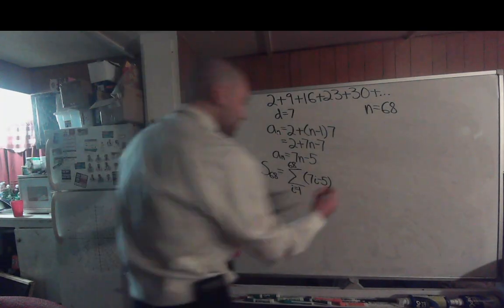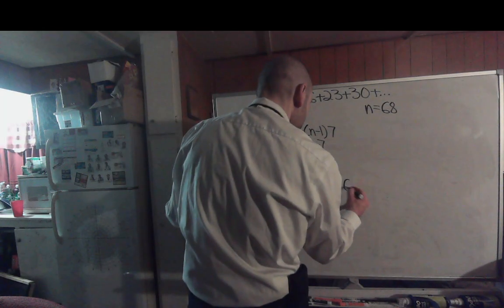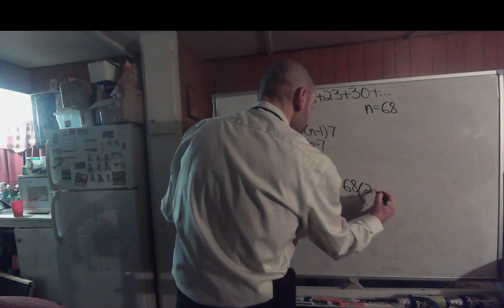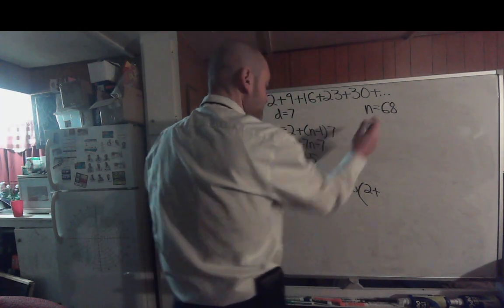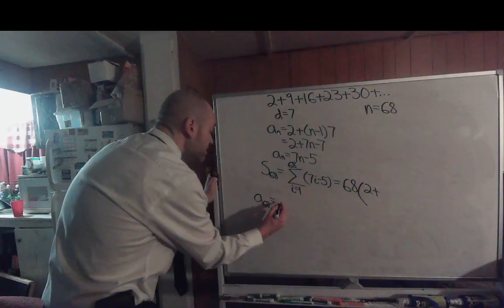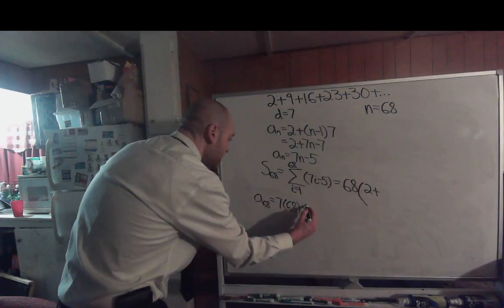So what does that look like? That's going to be n, which is 68, times the quantity of a sub 1, which is 2, plus your a sub 68. So let's find a sub 68. Well, that's going to equal 7 times 68 minus 5.